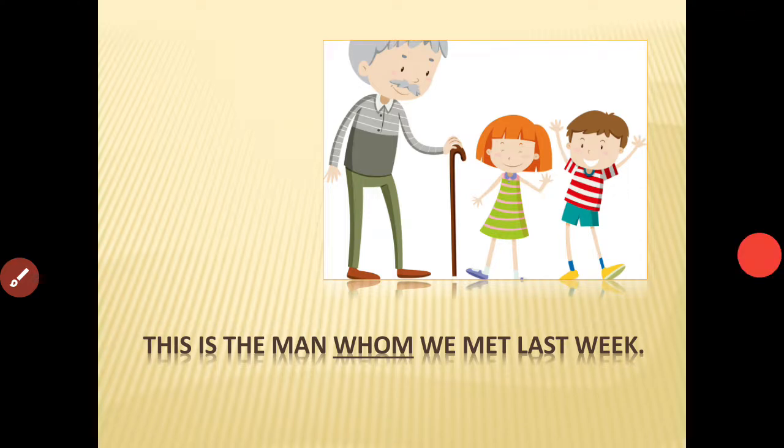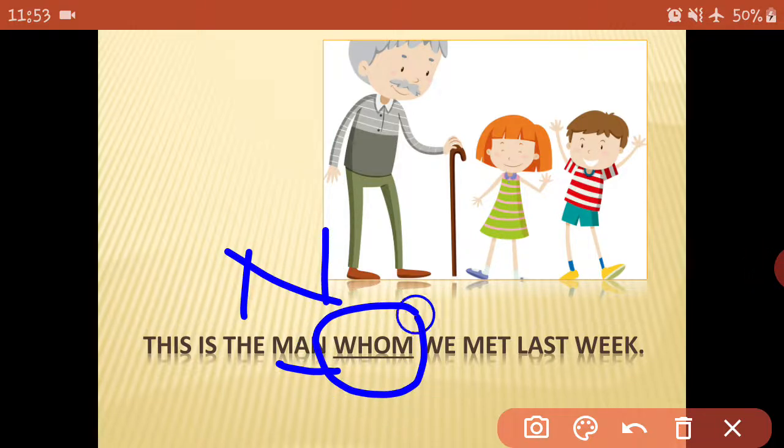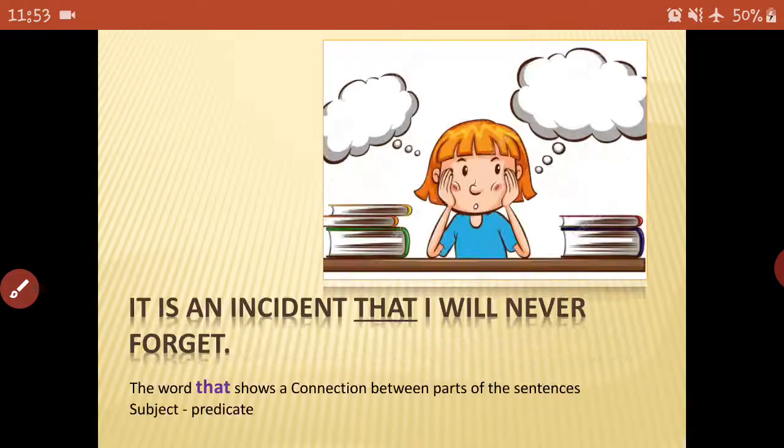Next sentence: this is the man whom we met last week. Again you can see the word whom is preceded by a noun, so whom is a relative pronoun. It is not asking a question, a noun is coming before, so it is a relative pronoun.